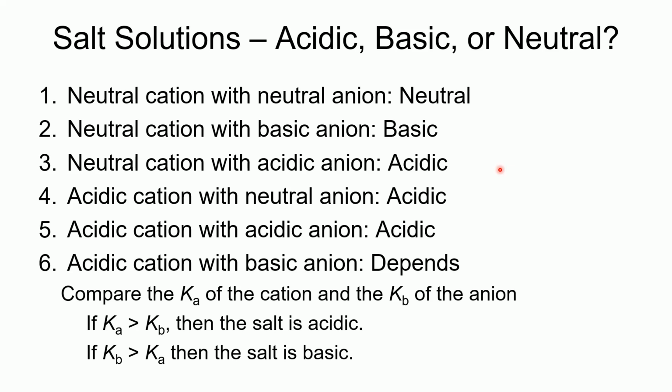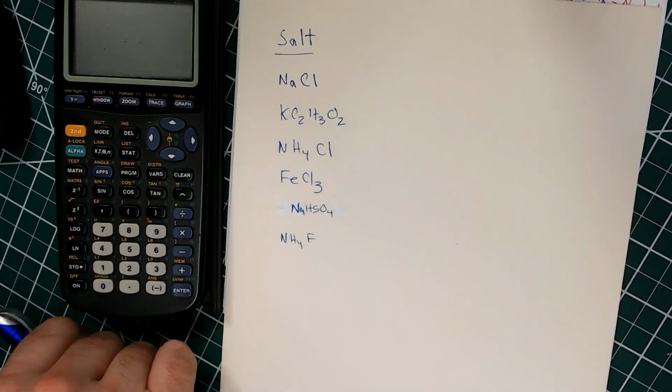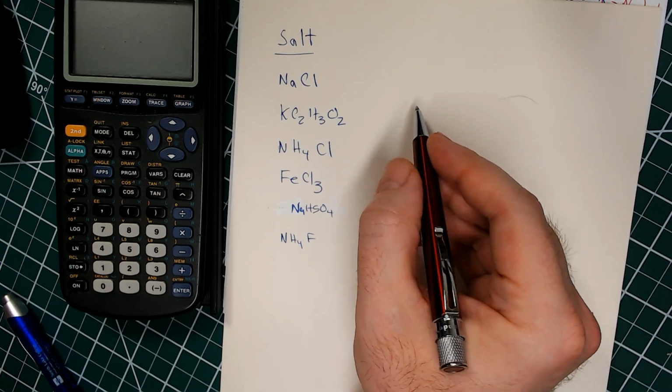Now, I've got a couple of extra problems. These are not on the normal in-class assignment. I just had written these out. And we want to determine, are these things going to be acidic, basic, or neutral?